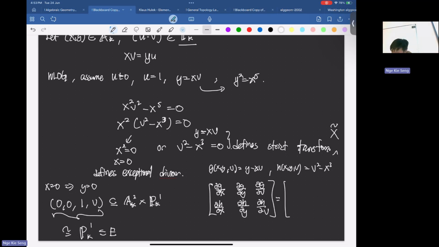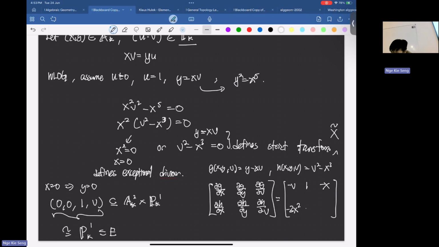Then this is just calculus. This one equals negative v, and this one is 1. This one is negative x. And then partial h partial x is negative 3x squared.